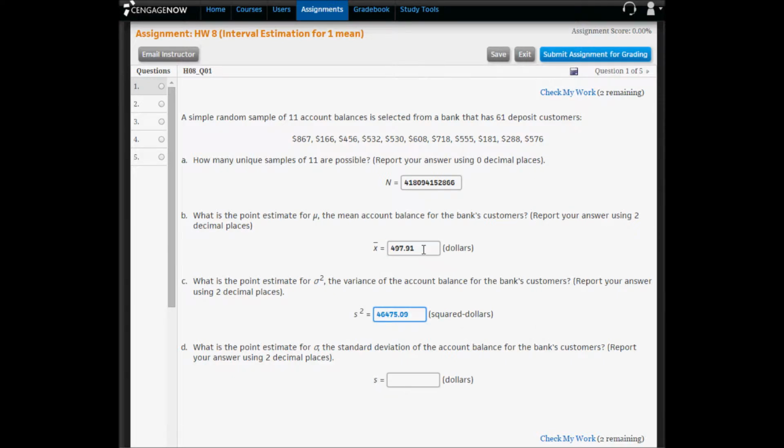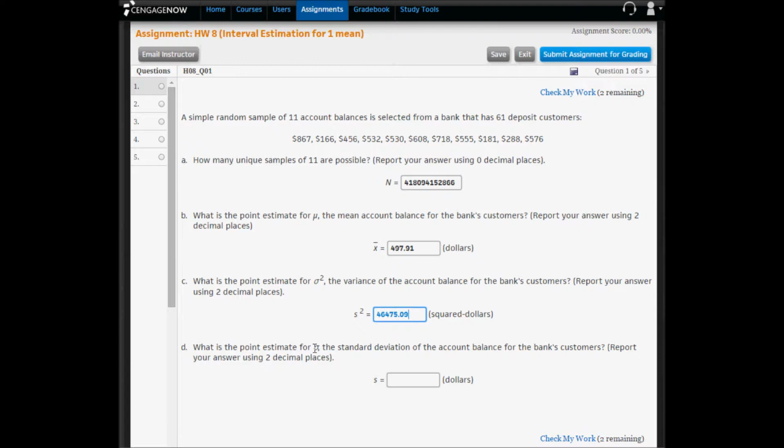Now notice the units of the sample mean, x bar, are in dollars. The units of the sample variance are in dollars squared, which is why we prefer the standard deviation. And in part D, we want the point estimate of sigma, the population standard deviation of the account balance for the bank's customers.